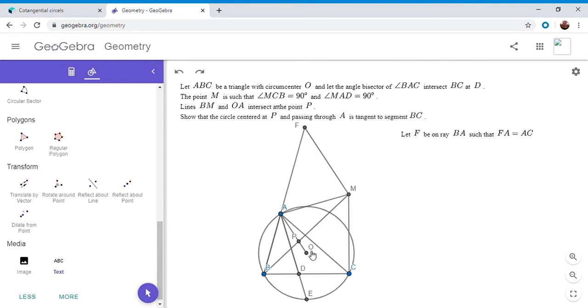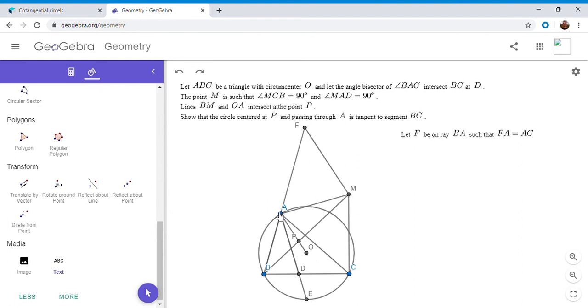So here's going to be my trick. The problem says that angle MAD is 90 degrees, and many of you probably know that this means MA is the angle bisector of angle FAC. That's not hard to see, because if AD is a bisector of angle BAC, half of angle BAC plus half of angle FAC has to equal 90 degrees.